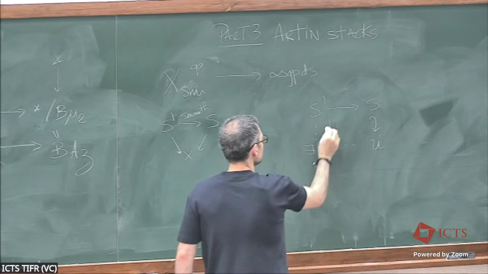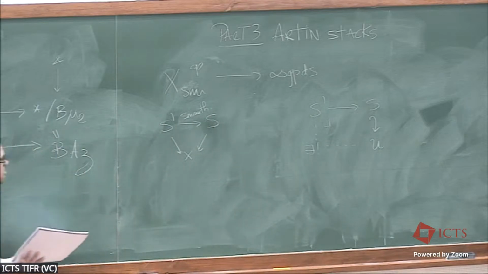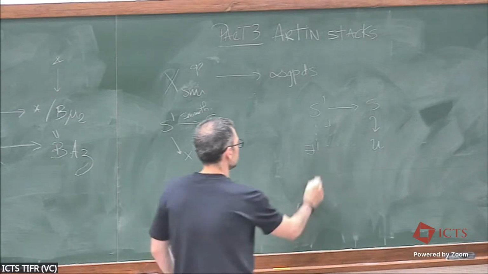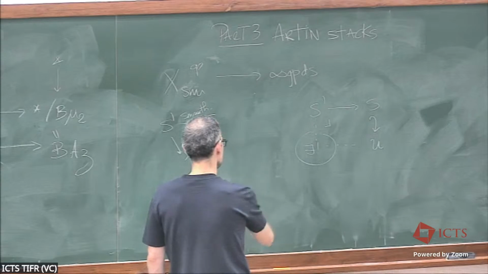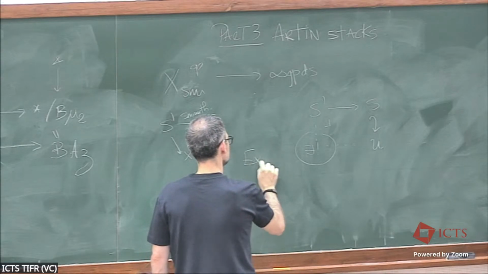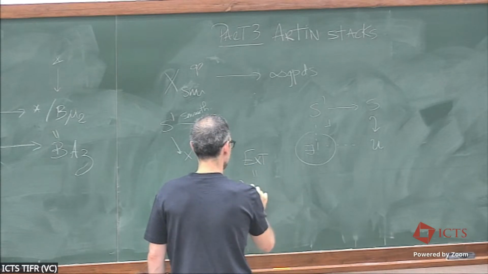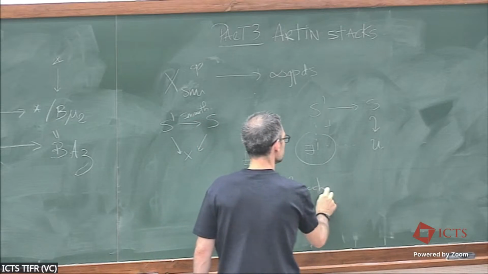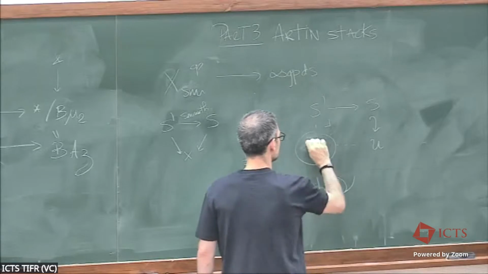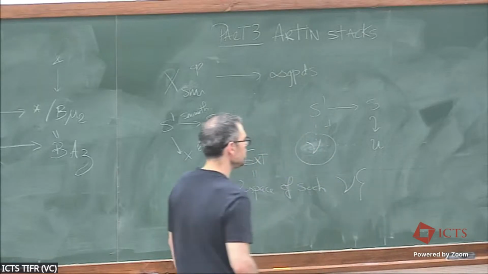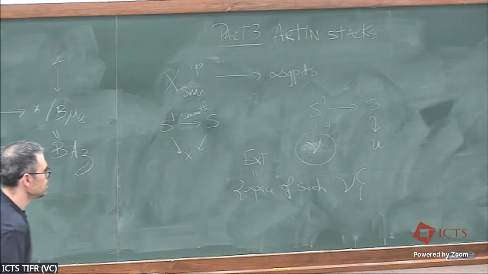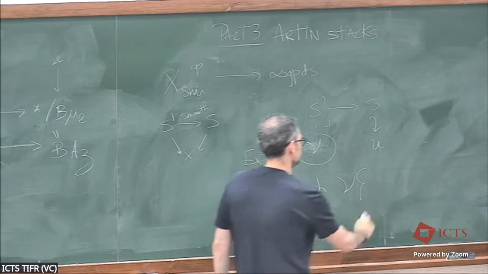So essentially, the first and maybe the only complication that appears in this story is the fact that this space, the space of such things, let me call it X, the space of such V, where these are fixed, is not contractible.